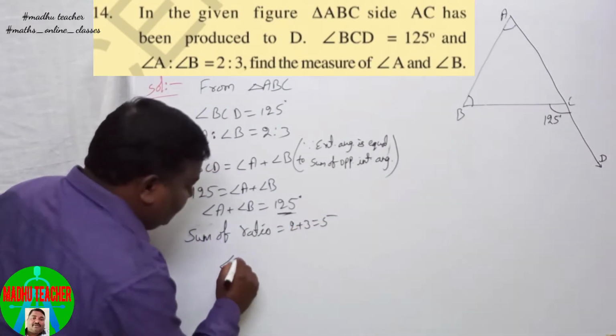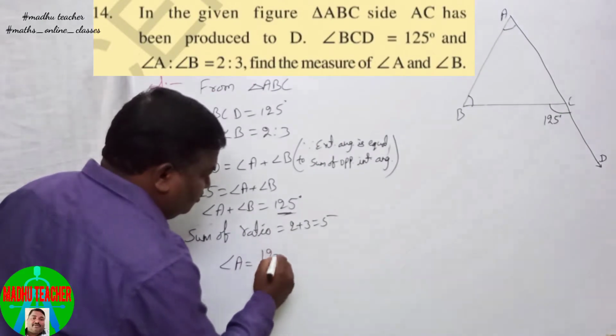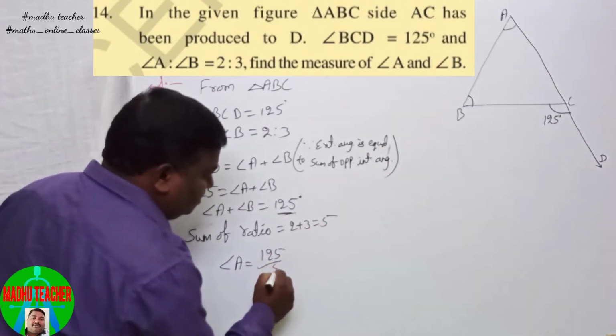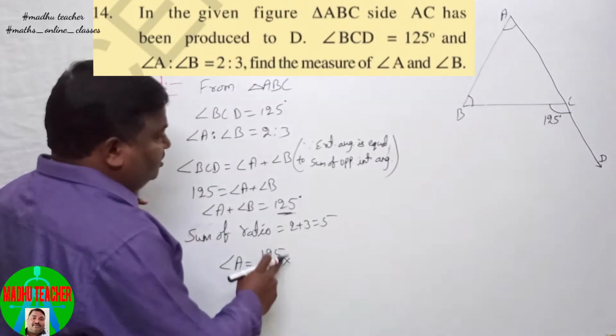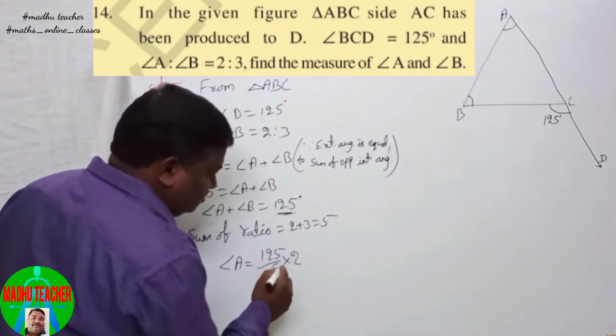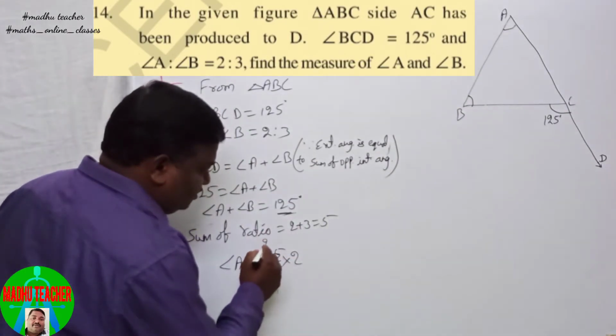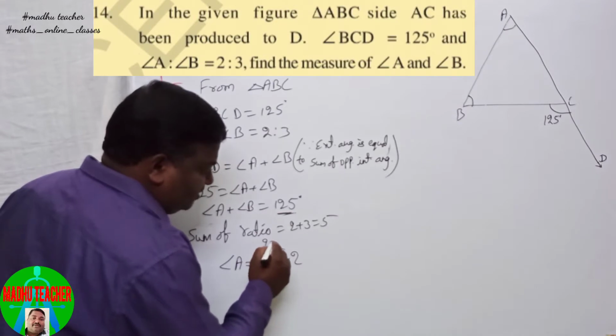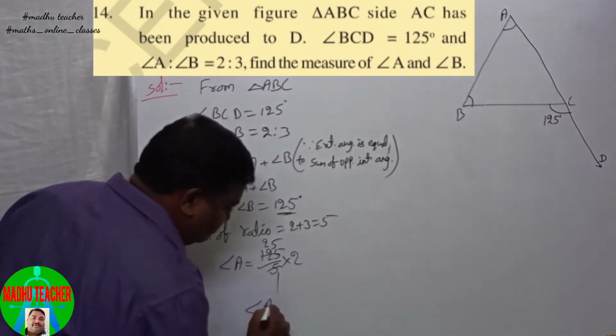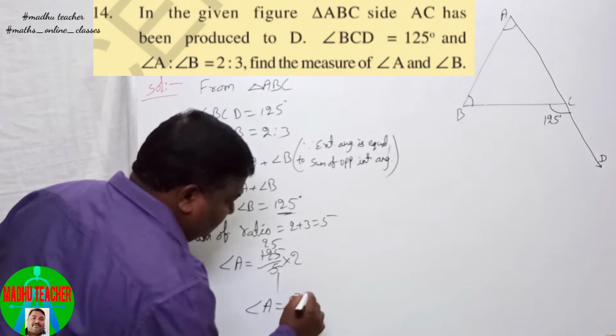Then angle A equals 125 divided into 5 parts, and A is 2 parts. 5 ones are 5, 5 twos are 10, 2 remainder, 5 fives are 25. That is angle A equals 25 twos are 50 degrees.